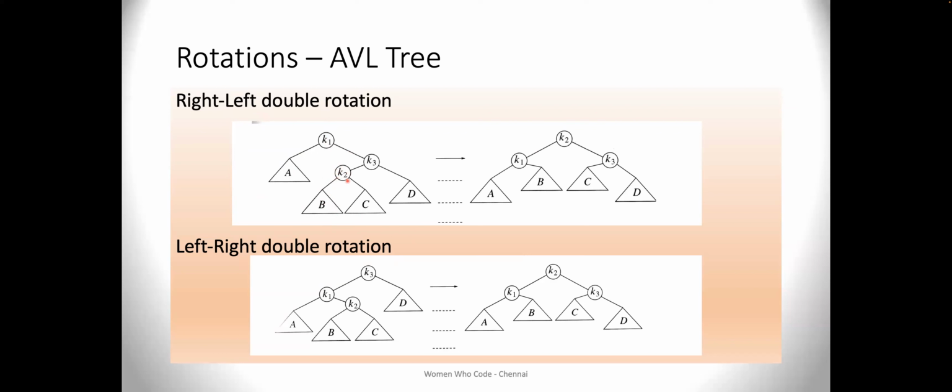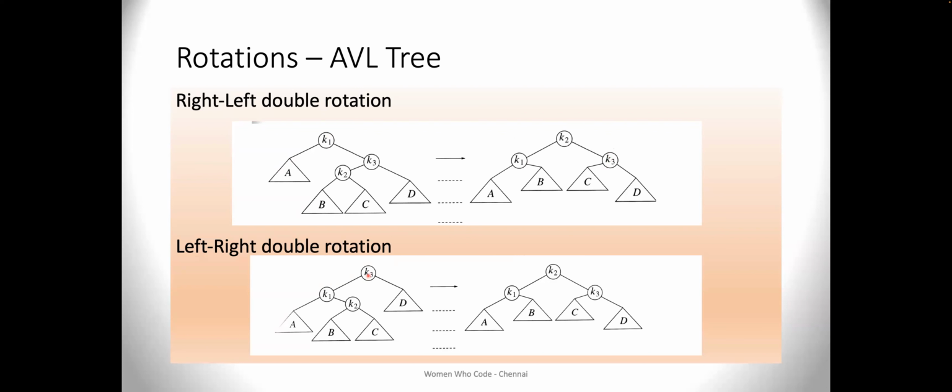Your K2 node becomes your parent, your K1 goes to the left, and K3 is intact. Just remember this alone. In your right-left rotation, the last node becomes your parent, you push your K1 this side and your K3 will come up this side. This is kind of a thumb rule that we have to follow in case of right-left double rotation.